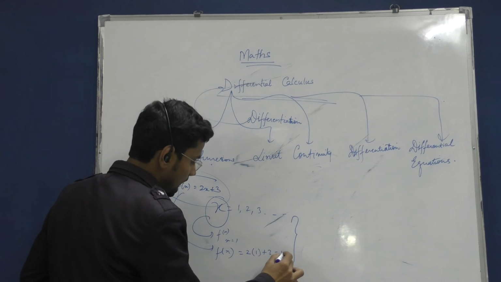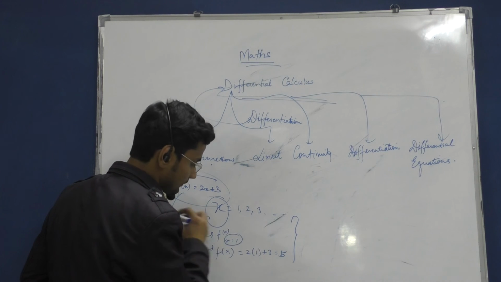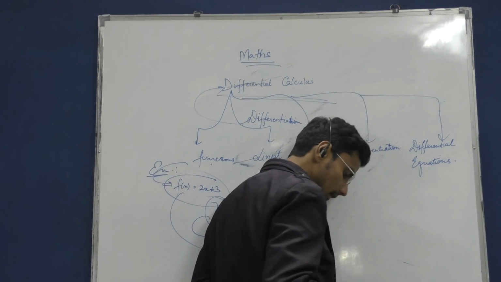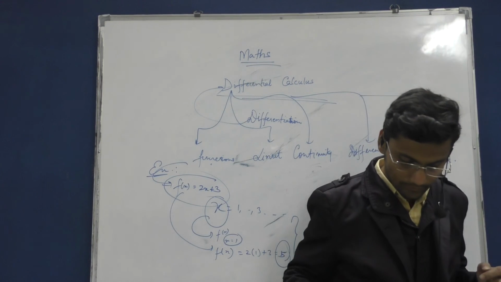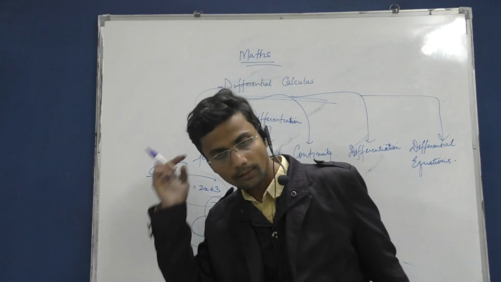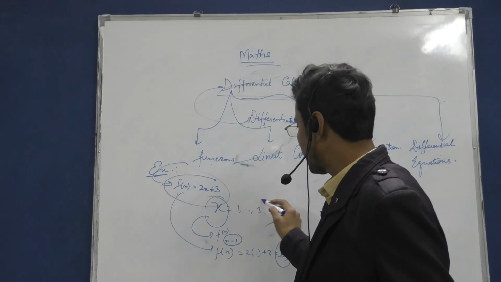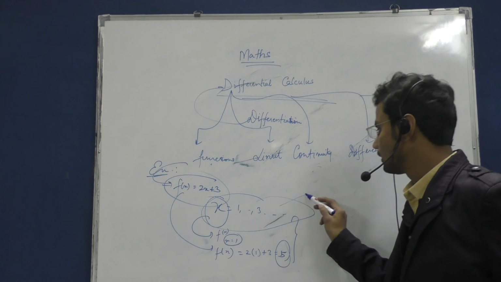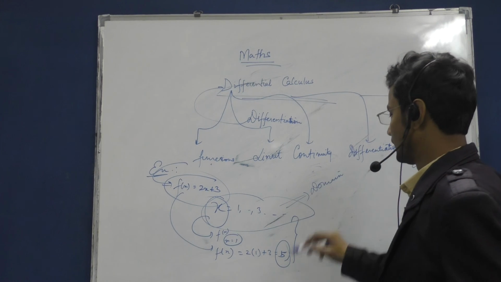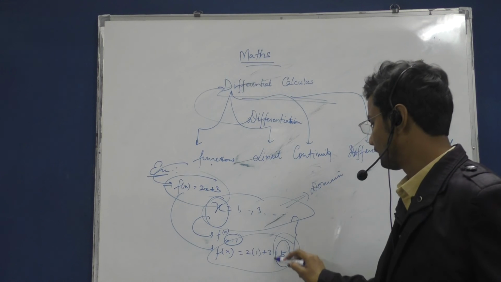So you see, for every x, there is a value of f(x). So what we say is, the domain of this function exists and the range also exists. This x is the domain, and this is called range.